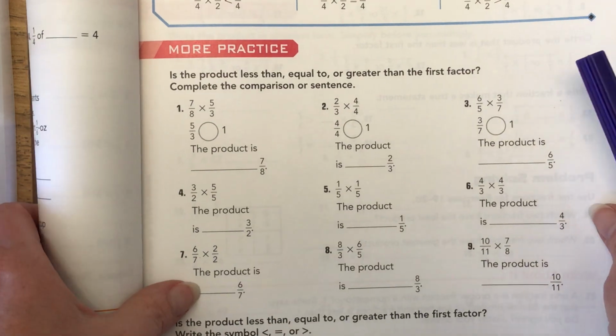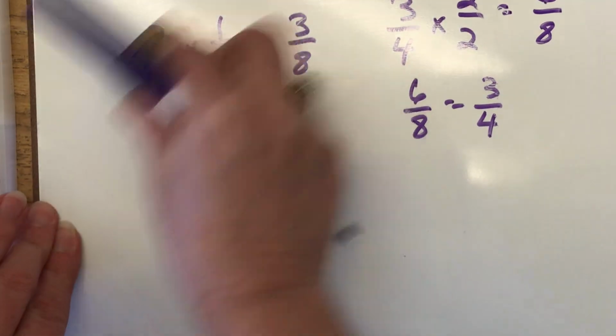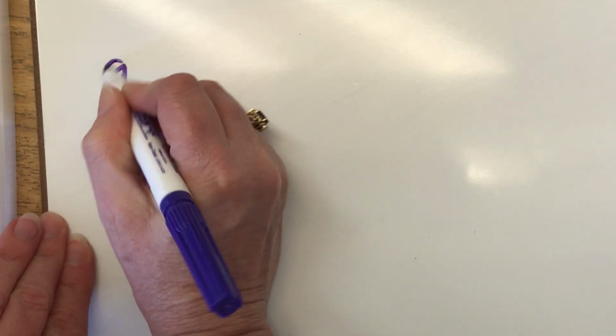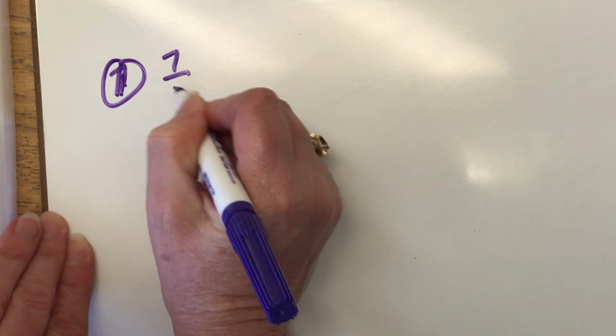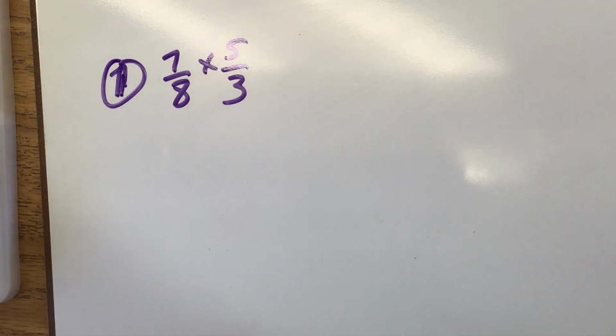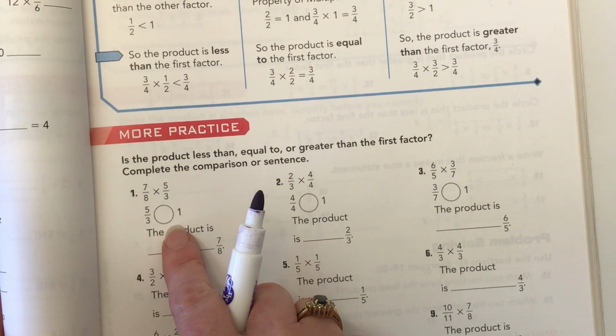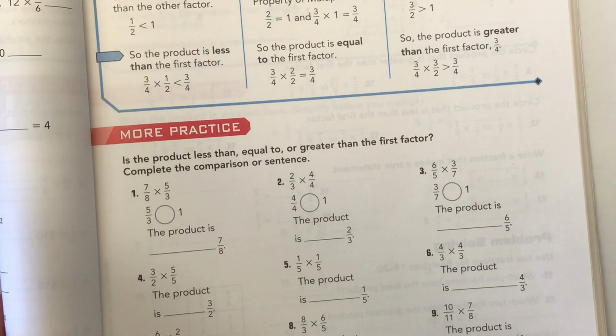So number 1, I have to do 7/8 times 5/3. That's what that's asking me to do on page 131. Number 1 is 7/8 times 5/3. So the first thing I need to figure out is, is 5/3 greater than 1 or less than 1?